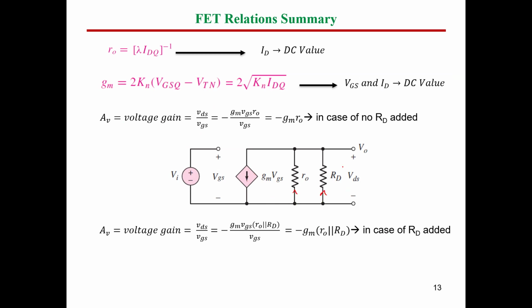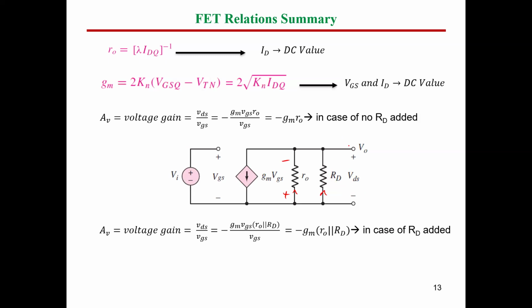If I take the parallel combination of RO and RD and multiply it by this current, this would give me the voltage, but with a negative sign, because the current is going to make the polarity positive, negative like that. So it's opposite to the required output voltage.